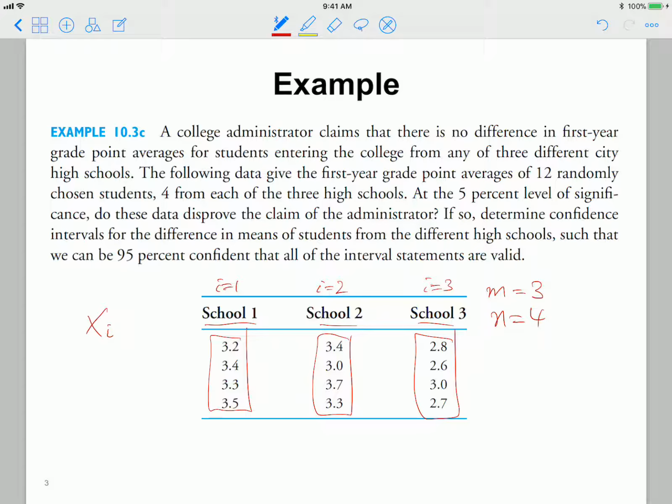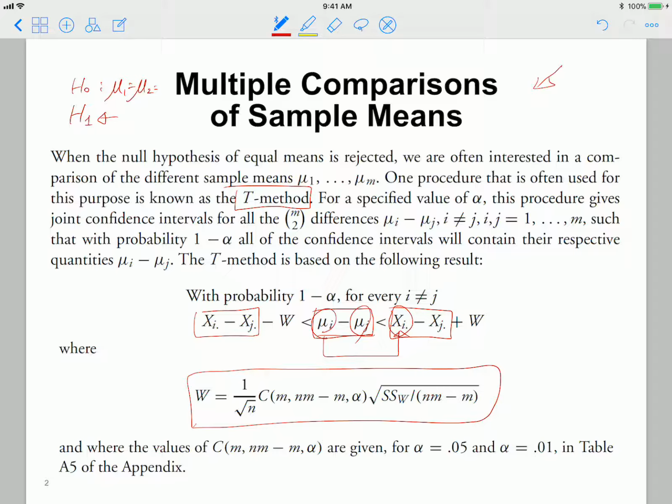So x_1 dot means the average value of these 4. That way we compute the estimates of the true parameters mu i and mu j, and their difference, and then we have some uncertainty represented by this w, which is the width of our confidence interval.